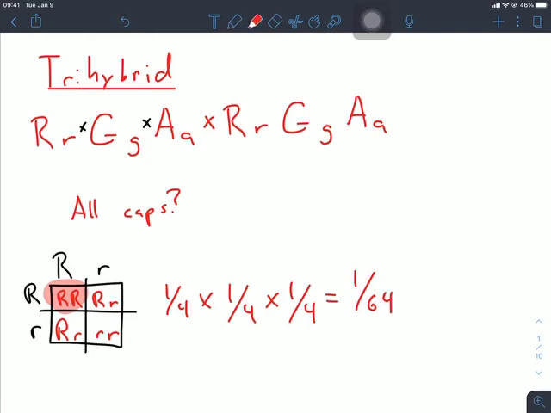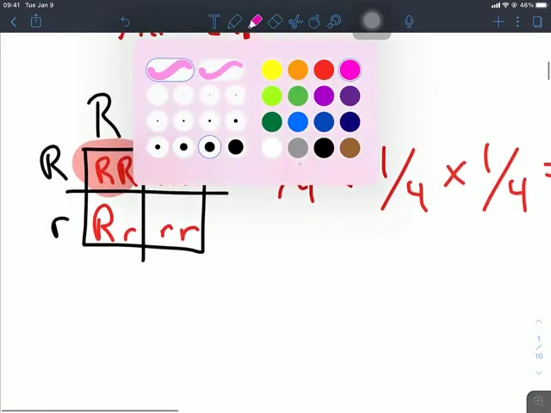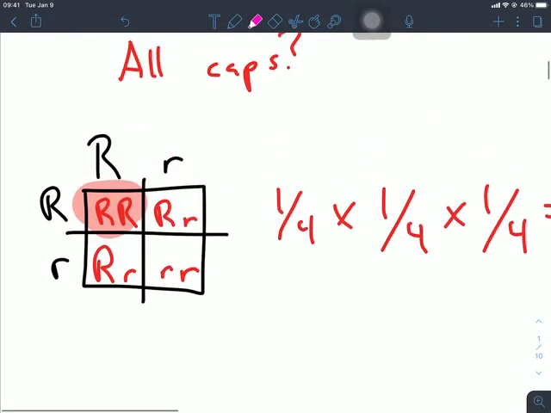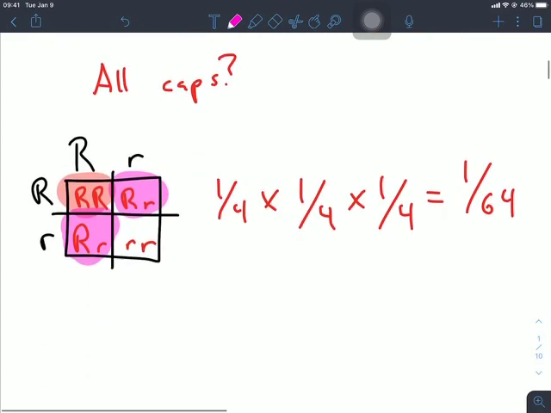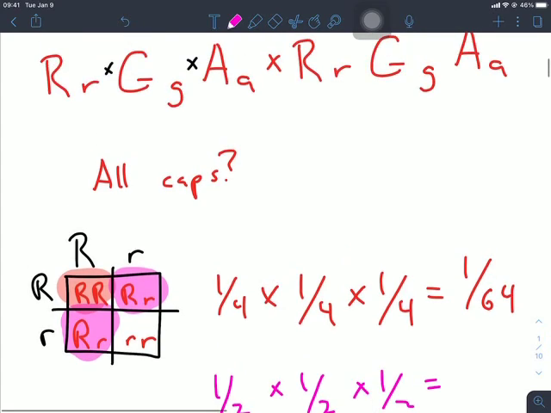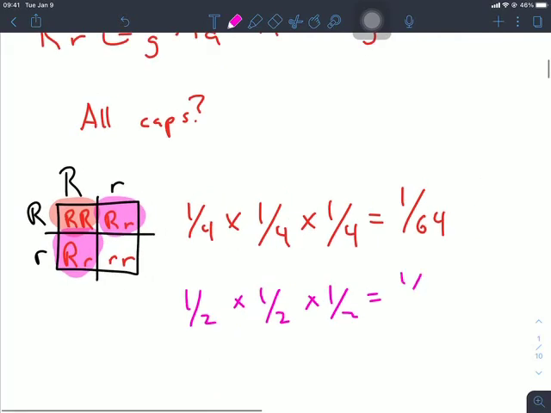Now you could do the exact same thing here, given a different situation. Let's say that you were interested in the number of individuals that were heterozygous. So in terms of heterozygosity, we see that the frequency of heterozygotes in a trihybrid cross would be 1/2, and again, another 1/2, and another 1/2 at our three loci, giving you the result of 1/8.